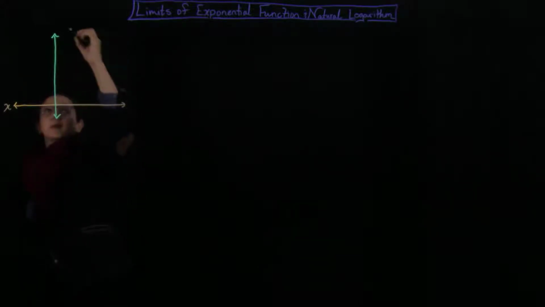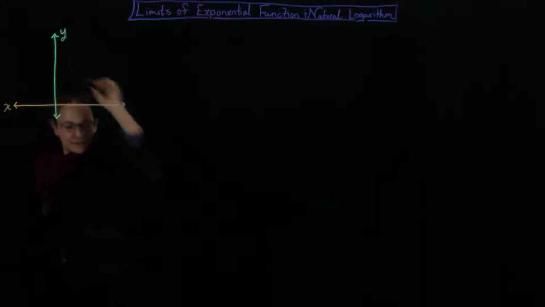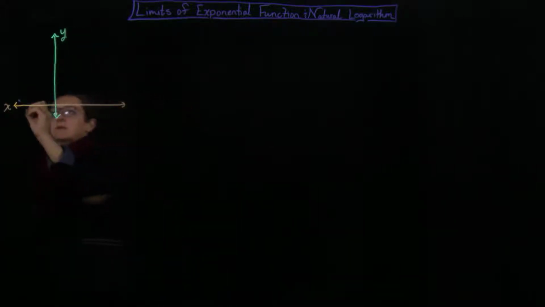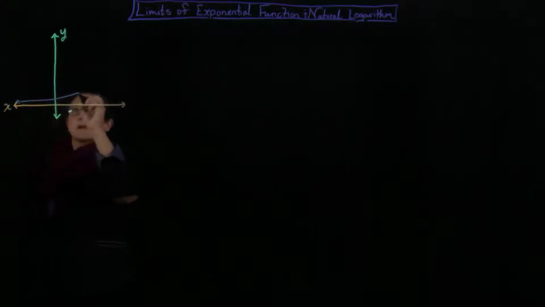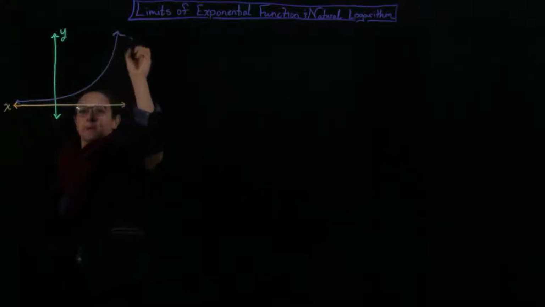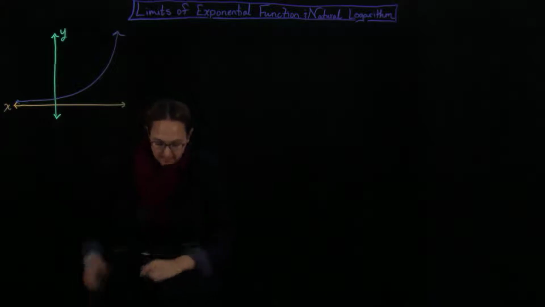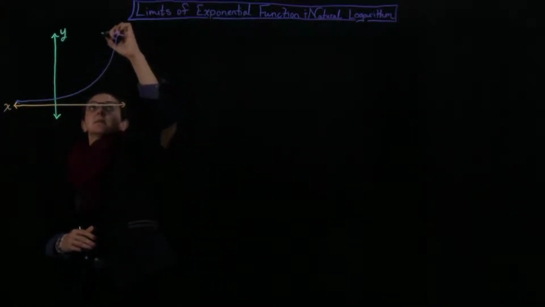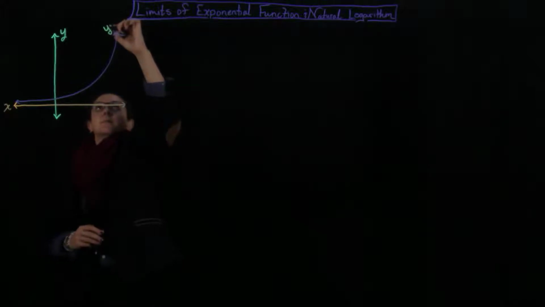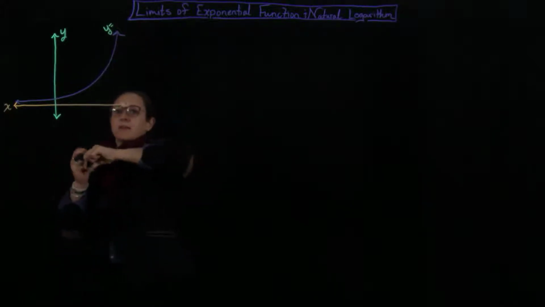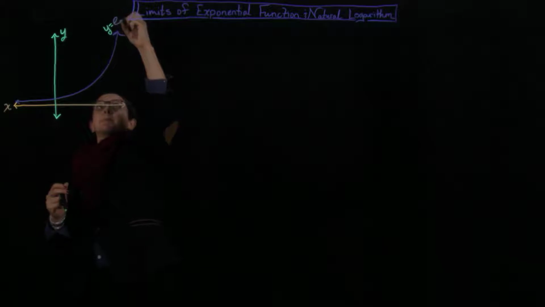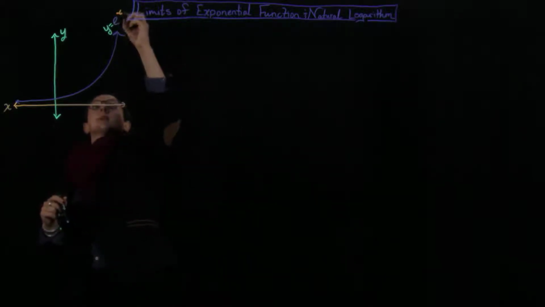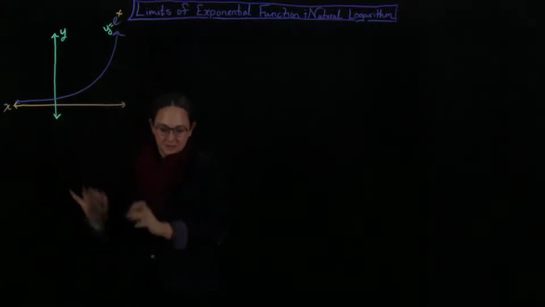So this is X and Y, and I'll draw the actual graph in blue. It goes like this. And this would be y equals e to the x, which is also the function we're looking at here.